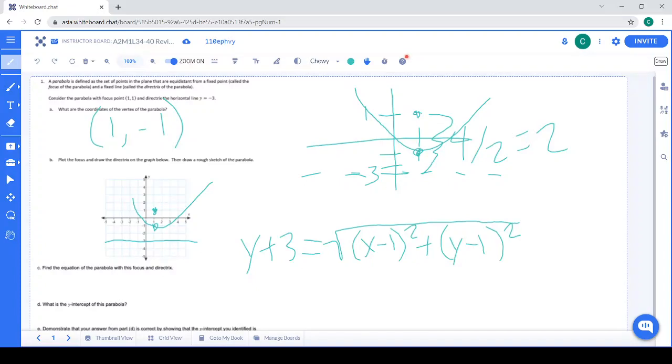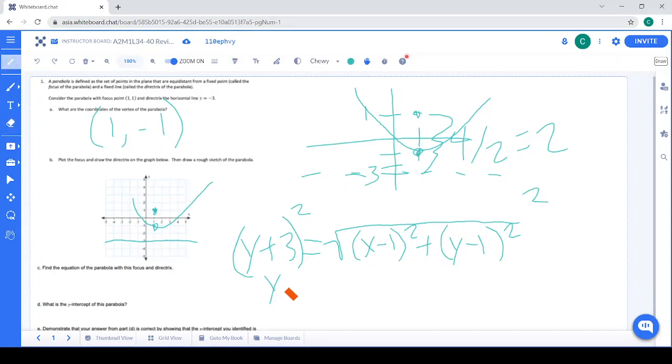Now, all I have to do is square both sides, which when you square both sides, you got to make sure you put this in parentheses. When you do that, you end up with y plus, I'm going to go ahead and square all of that just to save room here.